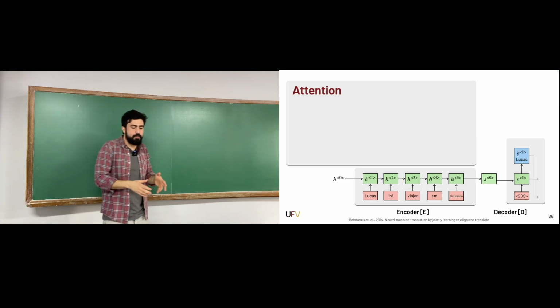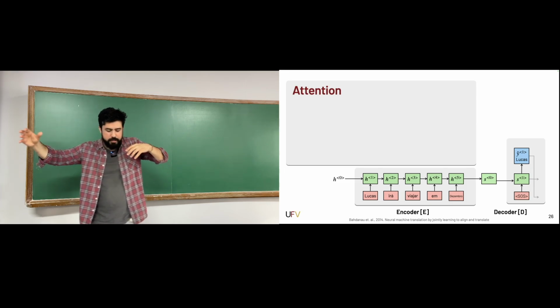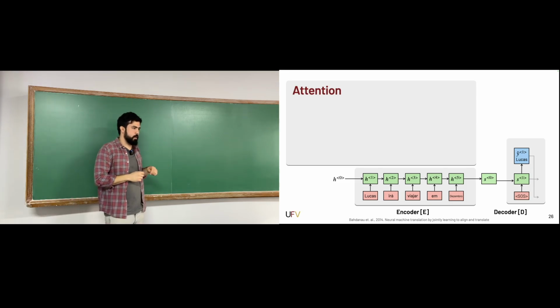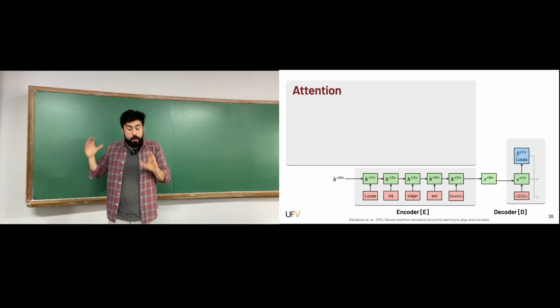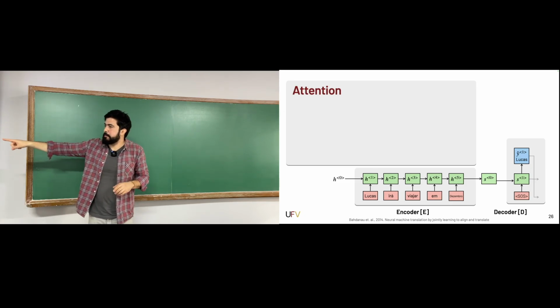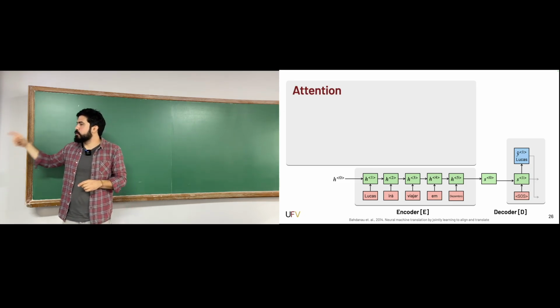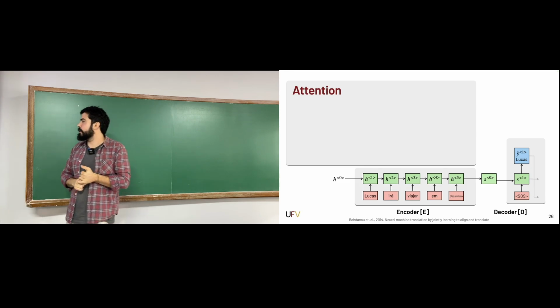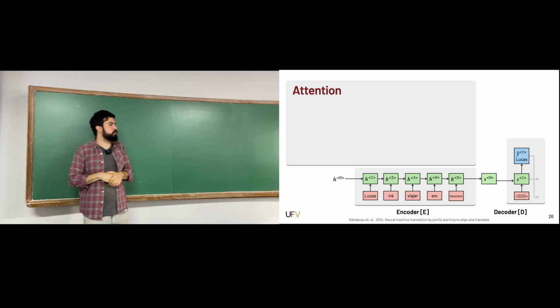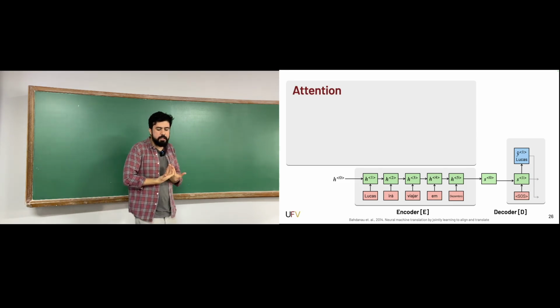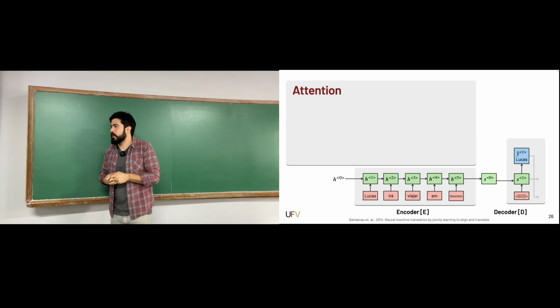It started in natural language processing, but then people are using it in computer vision and other fields as well. But it all started here in this paper, 2014. Okay, "Neural Machine Translation by Jointly Learning to Align and Translate". So it was also conceived in the context of translation.